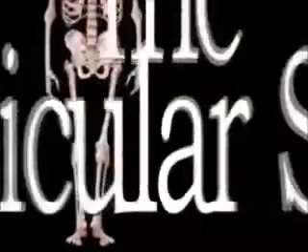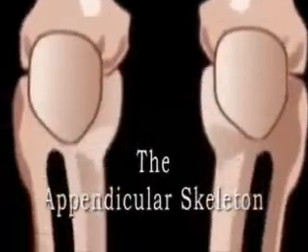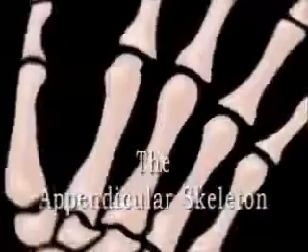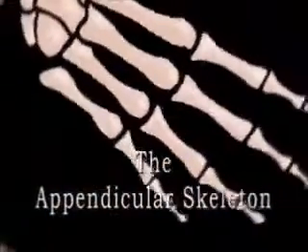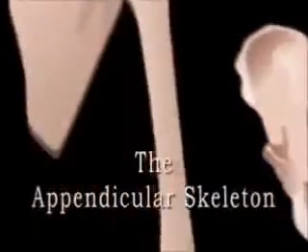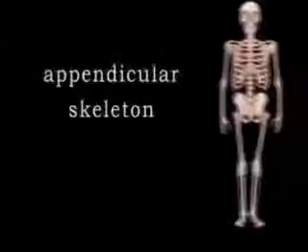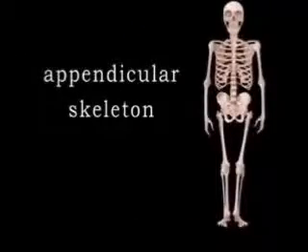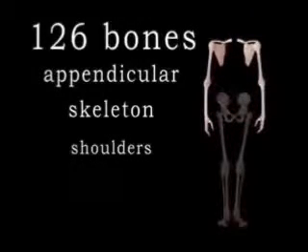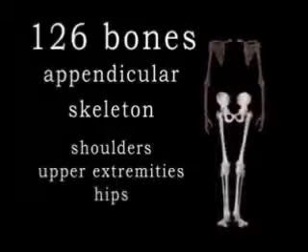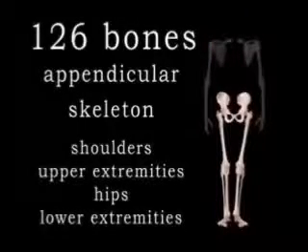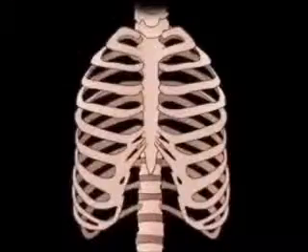The appendicular skeleton is composed of 126 bones in the human body. The word appendicular is the adjective of the noun appendage, which itself means a part that is joined to something larger. The appendicular skeleton is divided into four major regions: shoulders, upper extremities, hips, and lower extremities.